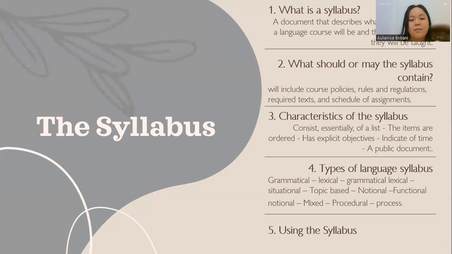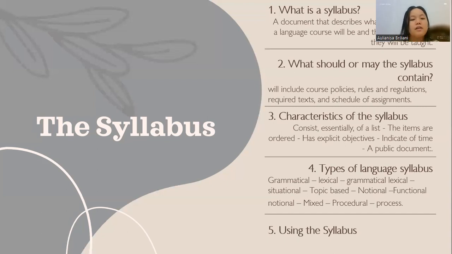Headings are broadly topic-based, including things like food or the family. Next, notional. General notions may include number, for example, or time, place, color. Specific notions look more like vocabulary items like man, woman, or afternoon.